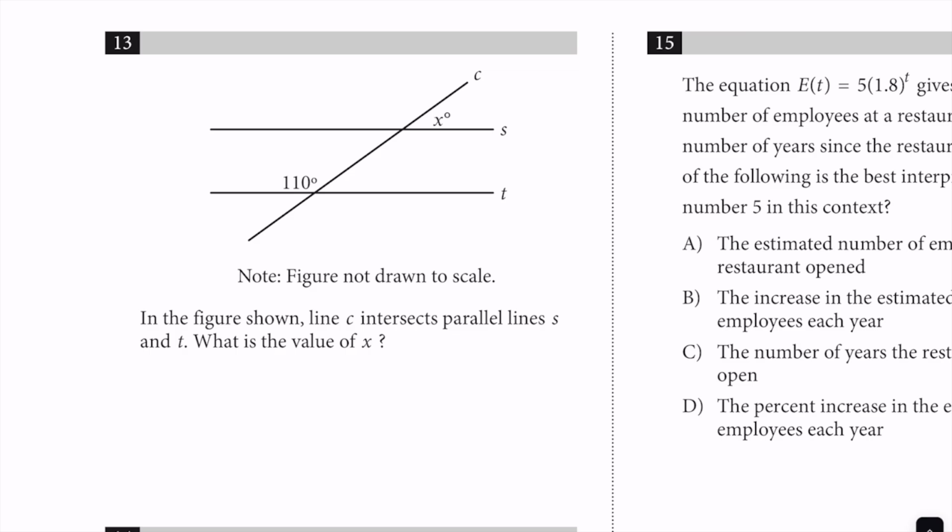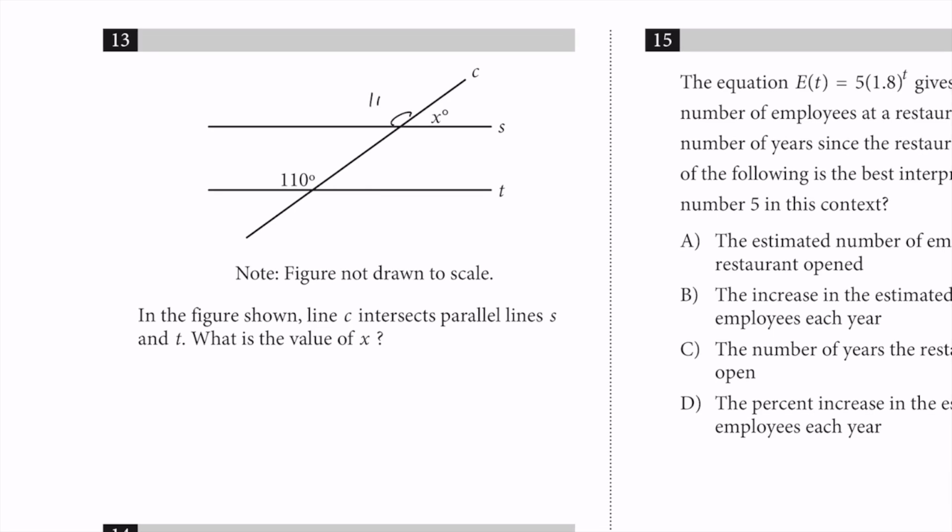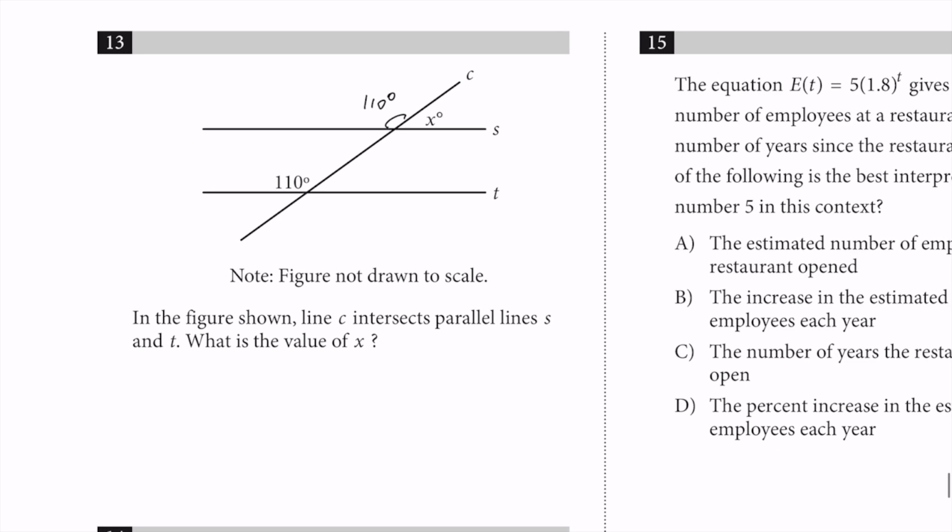Question 13. In the figure shown below, line C intersects parallel lines S and T. What is the value of x? So we know these are parallel lines, so we know that this angle here is 110 degrees. Because these are parallel lines, there's a line that goes through the parallel lines. And then we know that line S is a straight line.